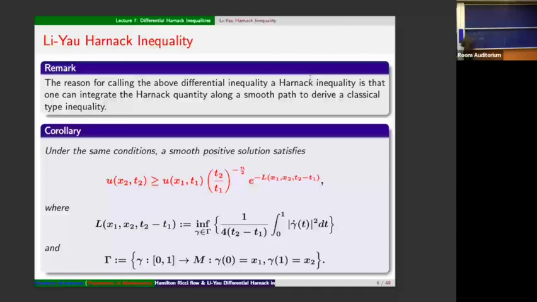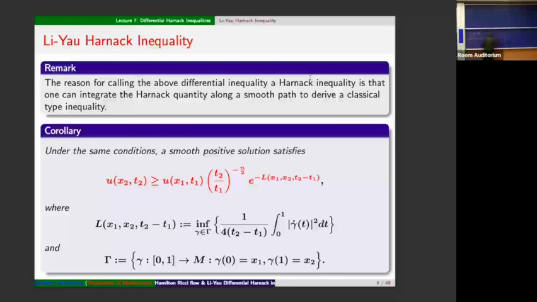Harnack inequality, which is U(x2, T2) is greater or equal to U(x1, T1) times (T2 over T1) to the power of minus n over 2, and then you have e to the power of minus what I call L here.